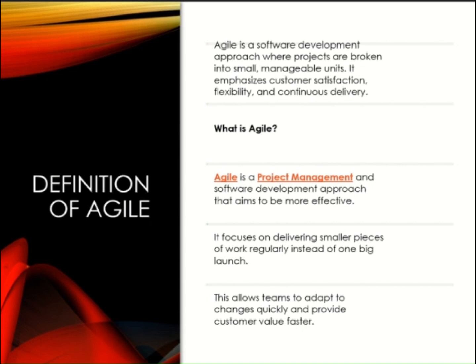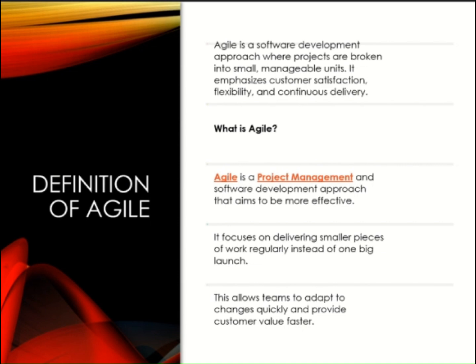I will explain one small real-time example. It's easy to understand. Let's say you are building a mobile app for online food delivery. In the traditional method, you will plan everything for 6 months and then deliver. In agile, you will divide it into parts. Those parts are called a sprint.